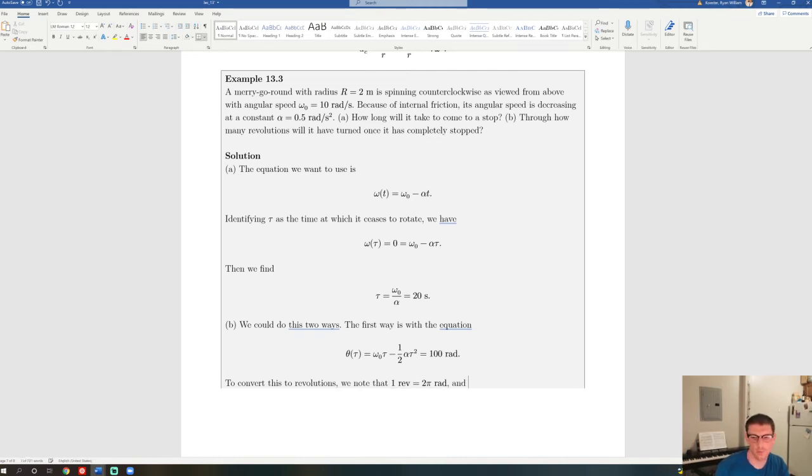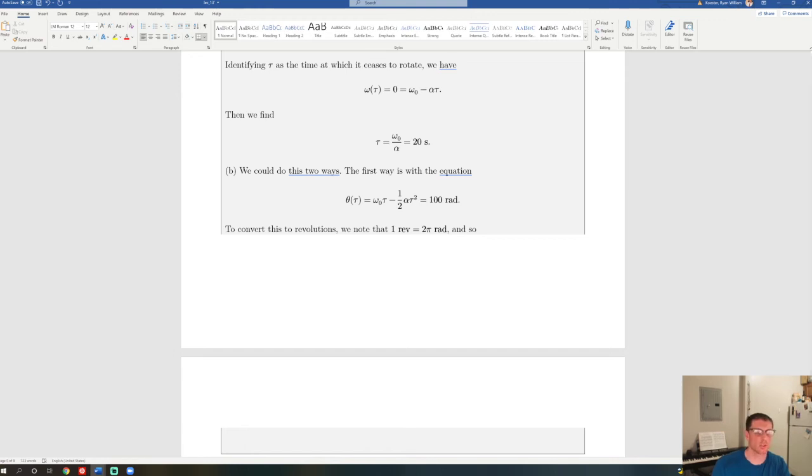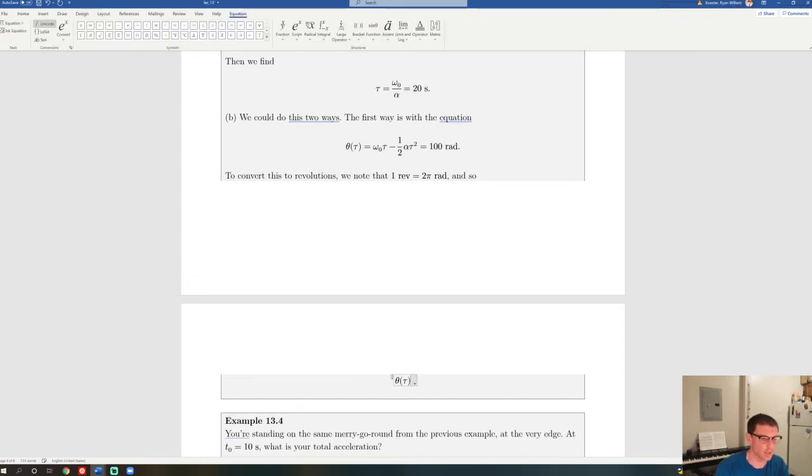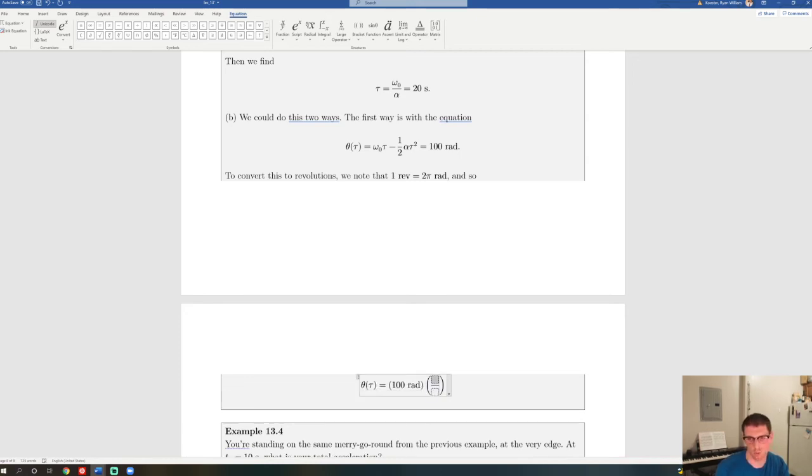And so what do we do here? Well, I'll do it formally like this, using the conversion factor. I'm going to say 100 radians, and we just multiply it by the conversion factor, which equals 1, of course, despite how it might look, which is 1 revolution over 2 pi radians.